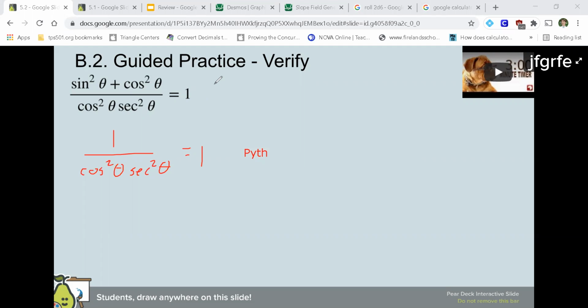Okay, all right. So again, there's not really anything I can factor out, combine like terms, distribute, anything like that. So then the second thing I always try is get things in terms of sine and cosine. So again, tell me, what is 1 over secant squared? 1 over secant is?